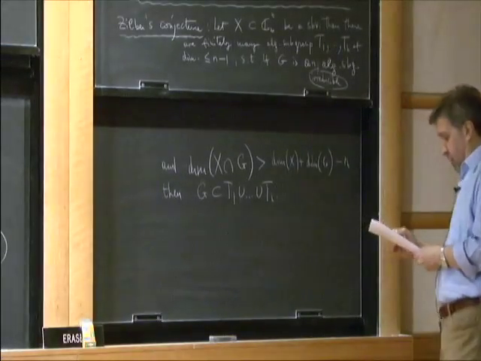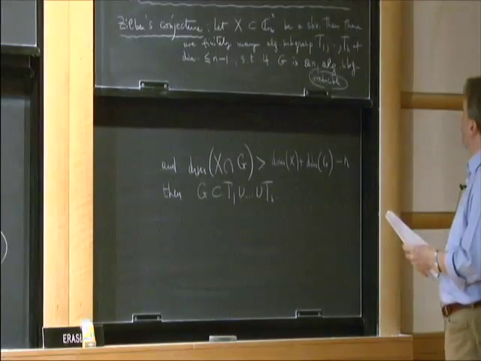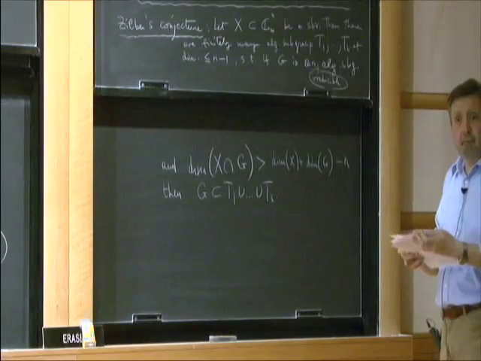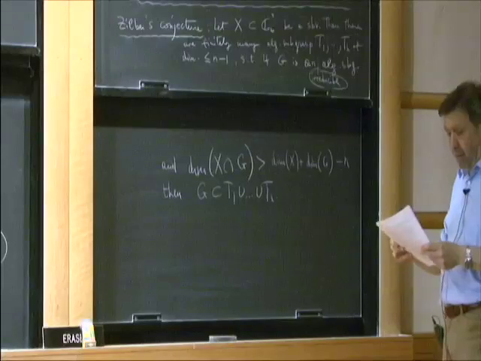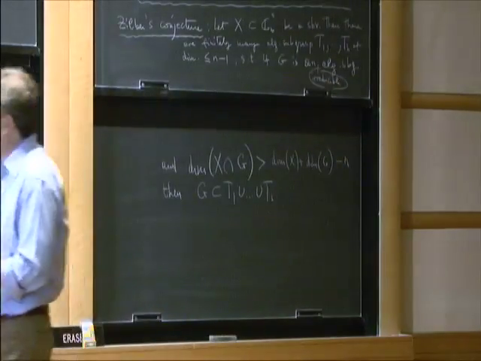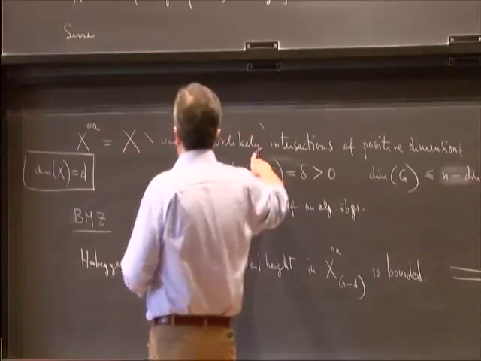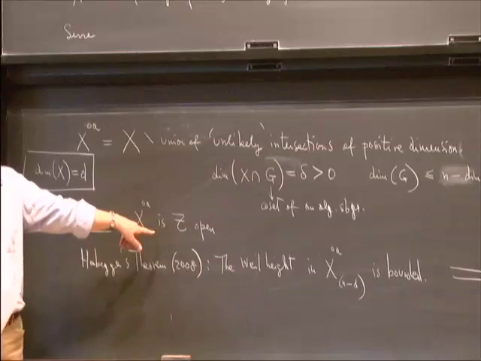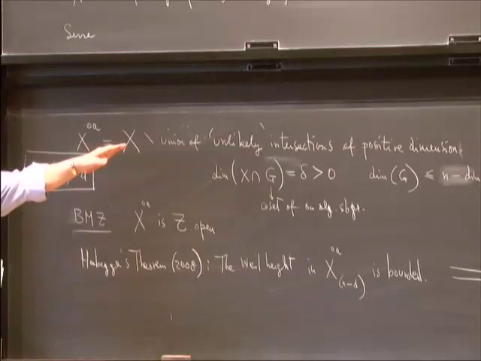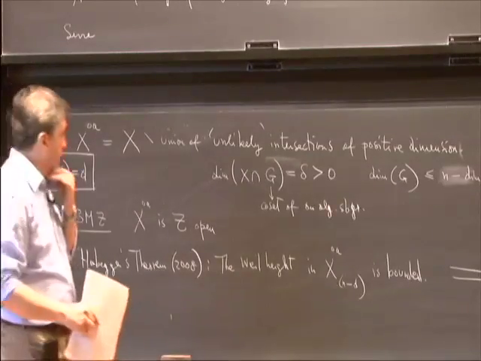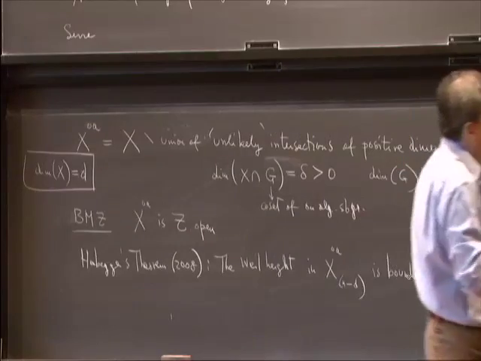So we may view it as a finite description of the unlikely intersections. The theorem that we had with Bombieri and Masser, this theorem here, is a special case, but the conjecture is much more difficult because of what I mentioned.